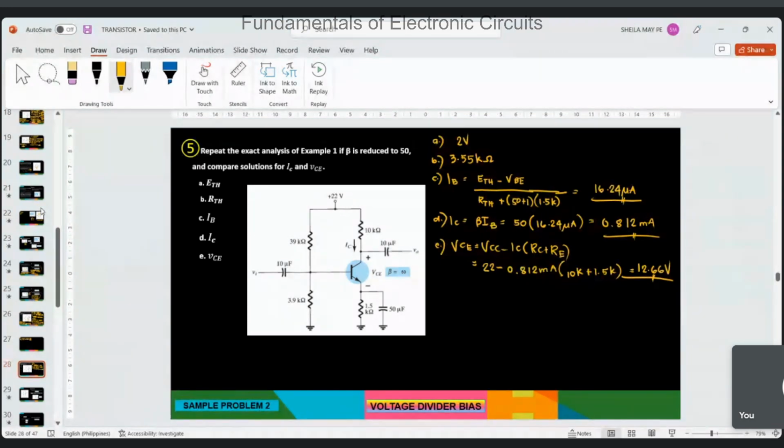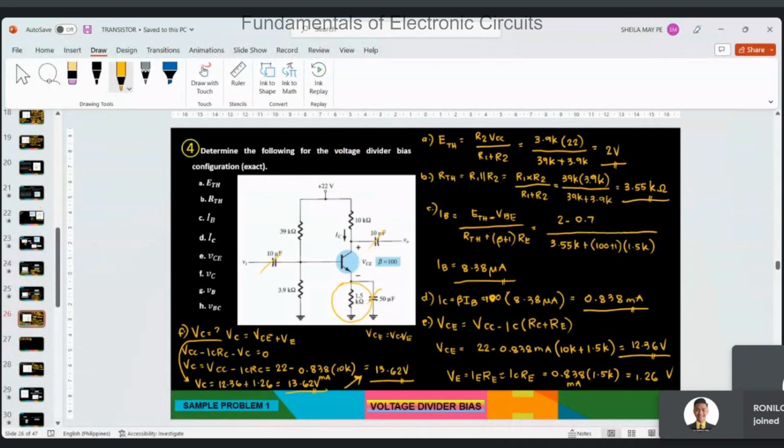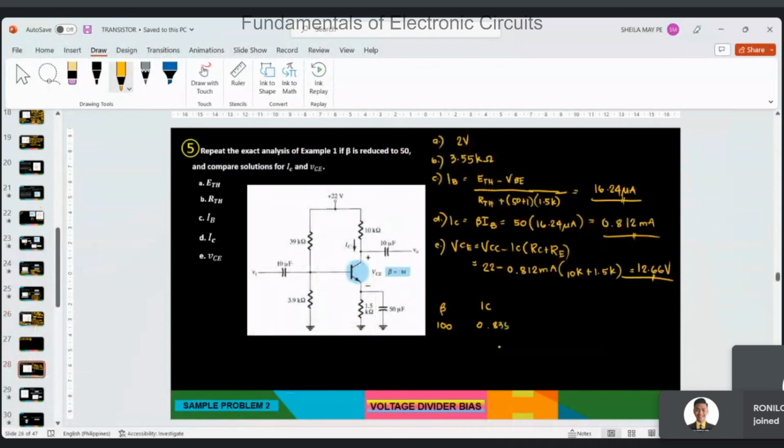Now, as you noticed from the first example, where beta is 100, IC is 0.838 milliampere and VCE is at 12.36 volts.